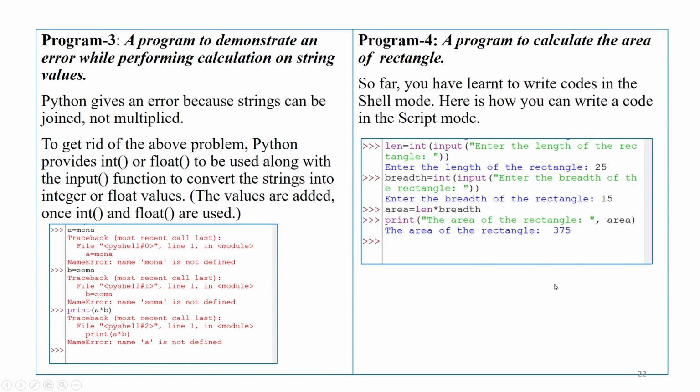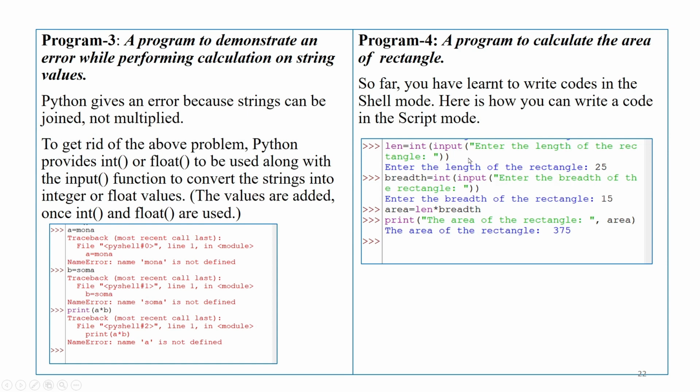A program to calculate the area of rectangle. Now just look at it carefully. Instead of writing the complete long word length, I have written the shorter form len equals to integer input. Means I will input the length of the rectangle.